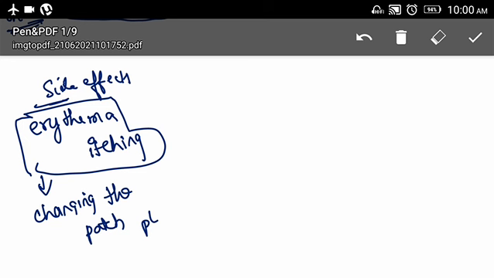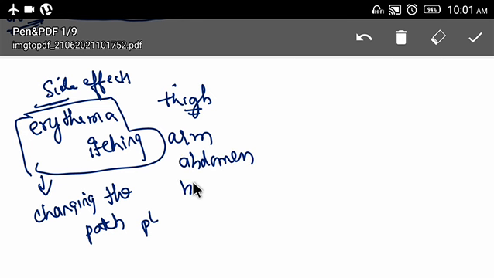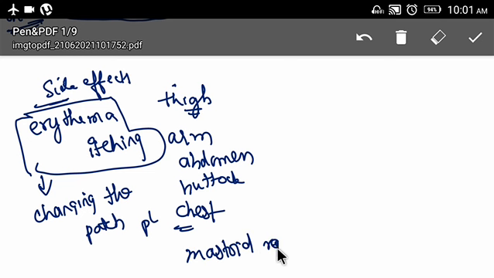What are the commonly used sites for attachment? The commonly used sites are over the thigh, over the arm, over the abdomen, over the buttock, over the chest, and we can use even the mastoid region also.